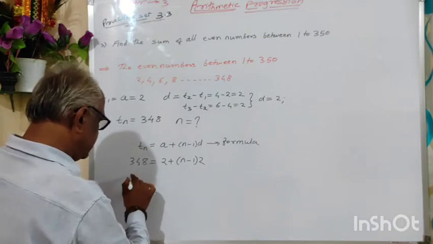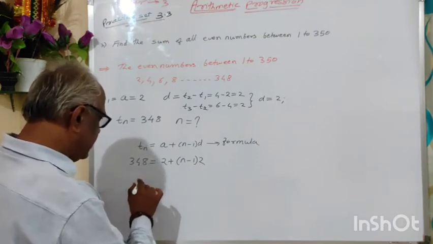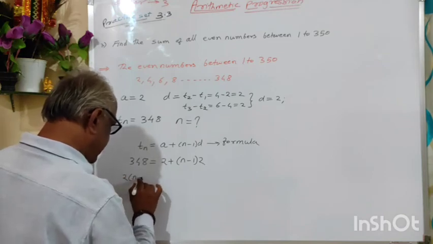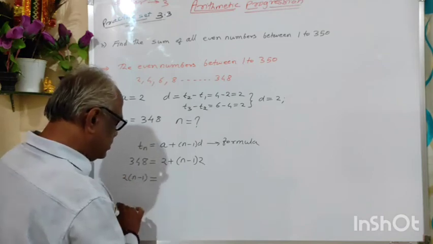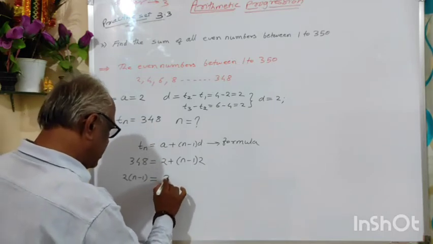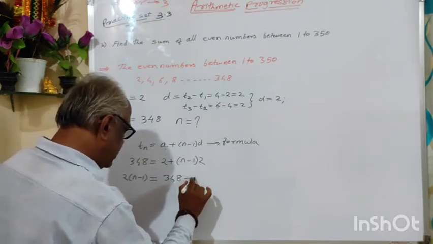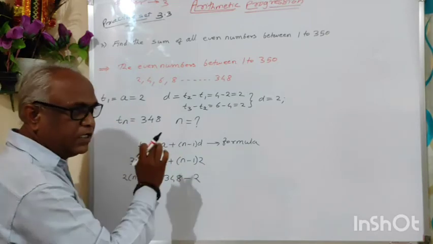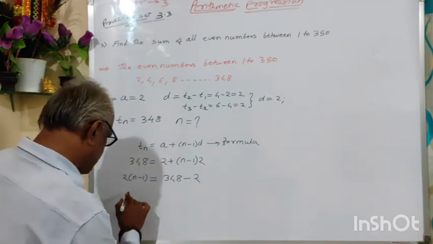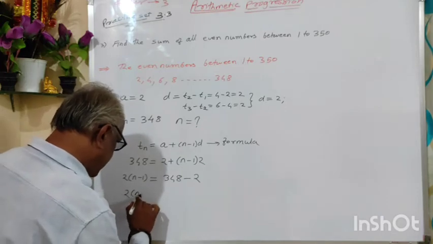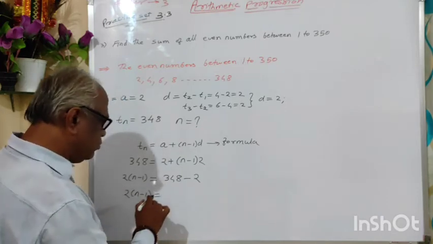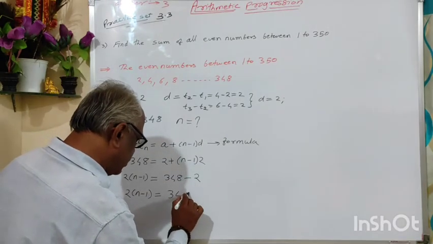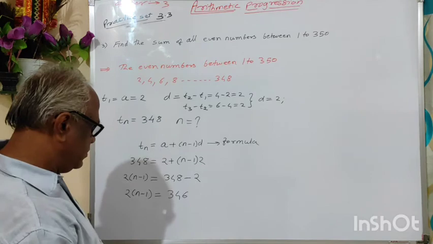Now 348, I'll write in this way. 2 in bracket n minus 1 is equal to 348 minus 2. This plus 2 shifted to the other side becomes minus 2. So 2 in bracket n minus 1 is equal to 348 minus 2, that is 346.